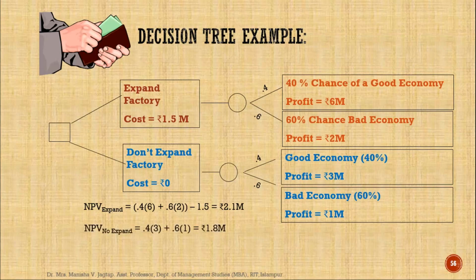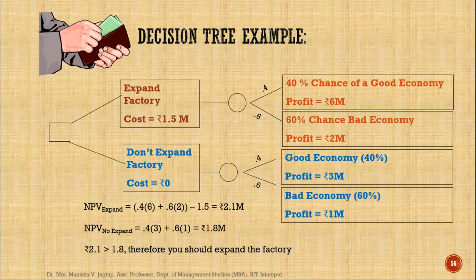Next is net present value if she takes the decision not to expand, which is rupees 1.8 million. So finally, we can suggest that rupees 2.1 million is more than rupees 1.8 million. You should expand the factory. This is the decision which we can suggest to Mary.